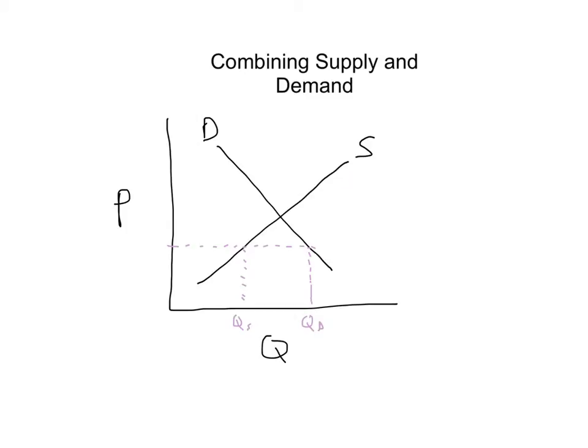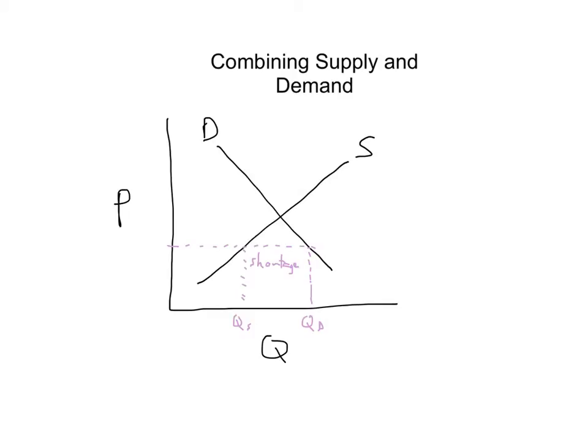Notice here that quantity supplied is low, relatively speaking, and quantity demanded is high, relatively speaking. So we're going to call the difference between these two things a shortage. People demand more at that price than producers are willing to supply.